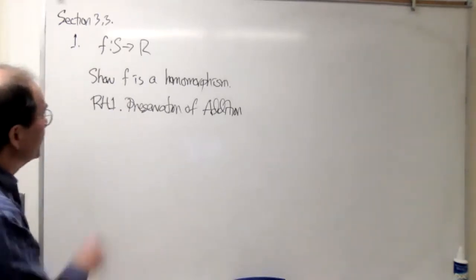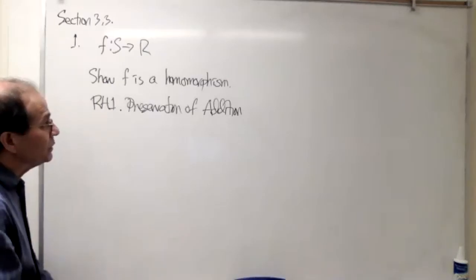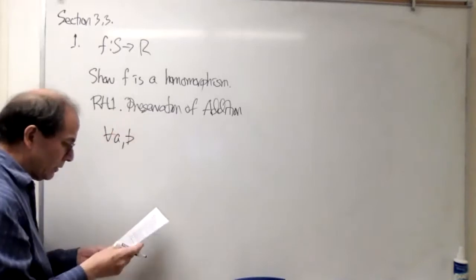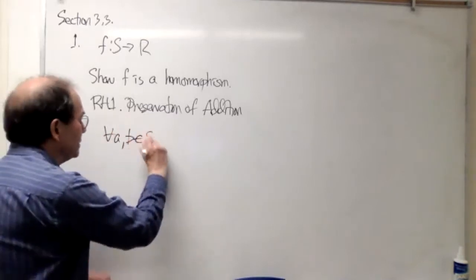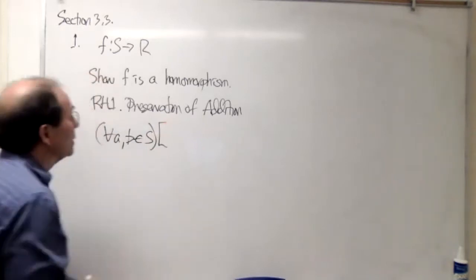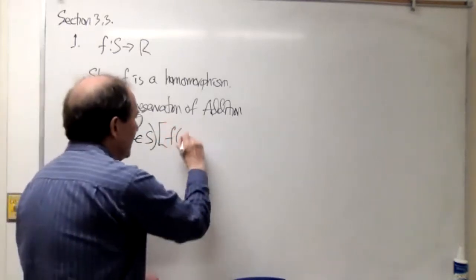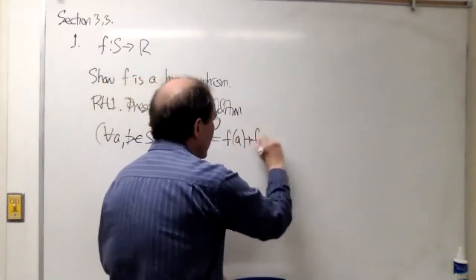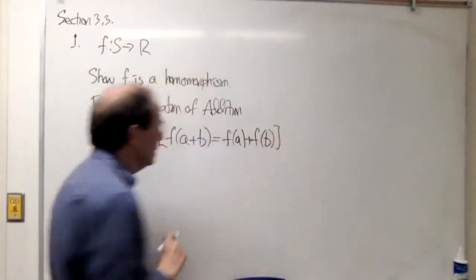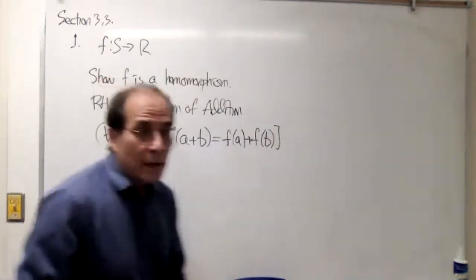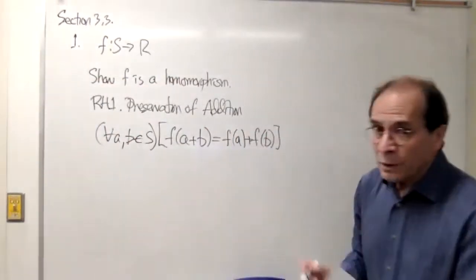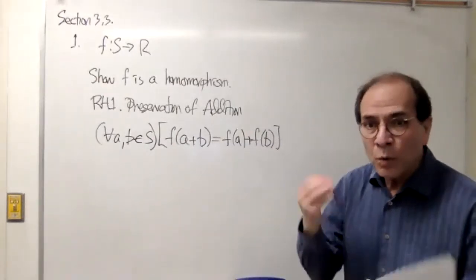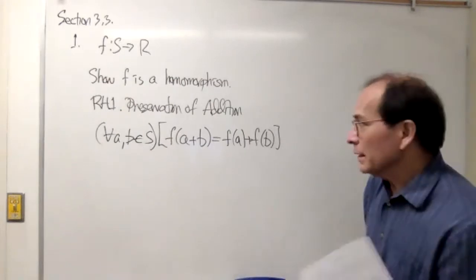Okay, so for the preservation of addition property, we need to show for all A and B in S, F of A plus B is equal to F of A plus F of B. Okay, and now when you're looking at these 2 properties, RH1 and RH2, you have to make sure you keep in mind where the elements live.